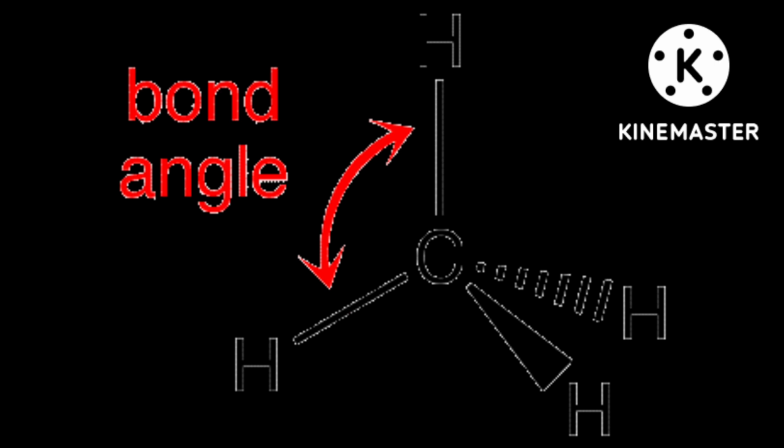Similarly, for molecules containing multiple bonds, multiple bond means a strong bond. For example, oxygen O2, O=O, and nitrogen N≡N. For oxygen, if you want to break 1 mole of O2 into O plus O, delta H will be 498 kilojoule per mole.